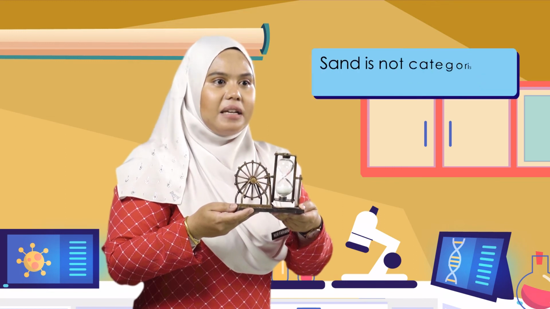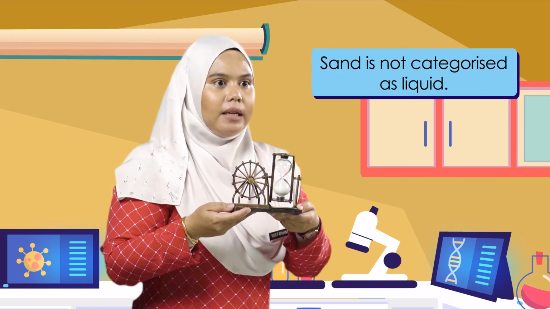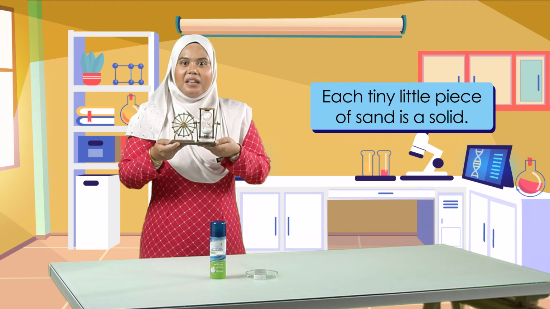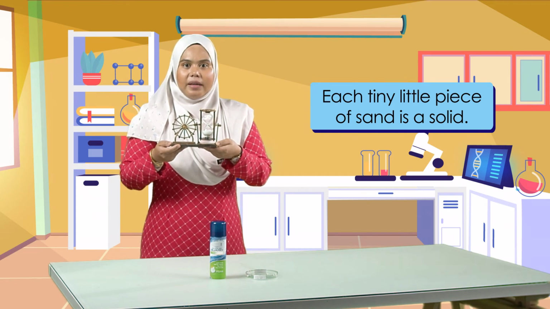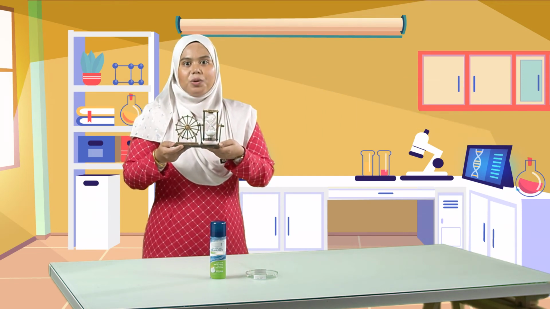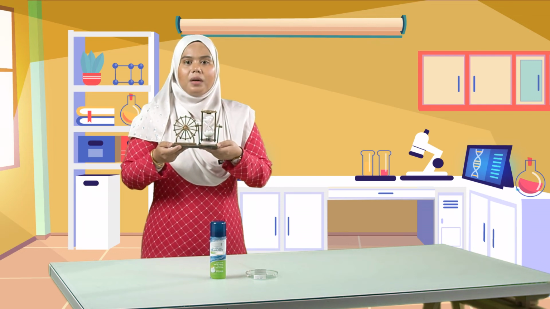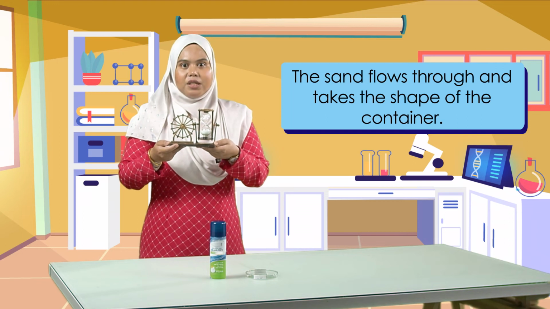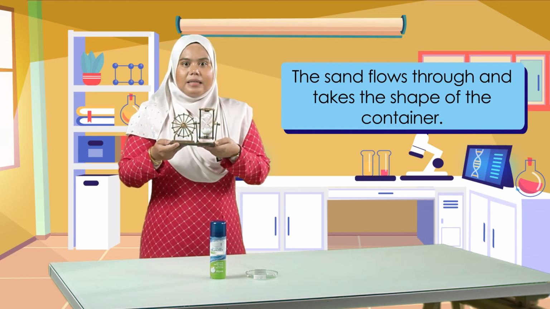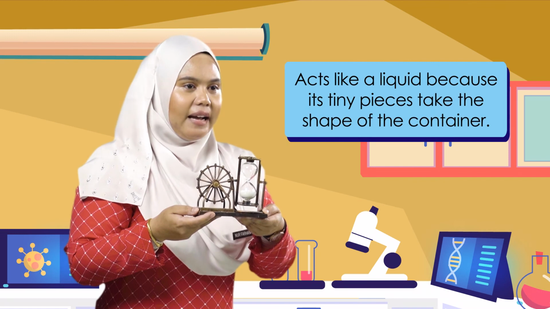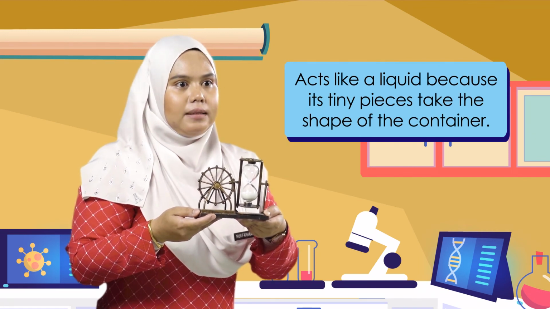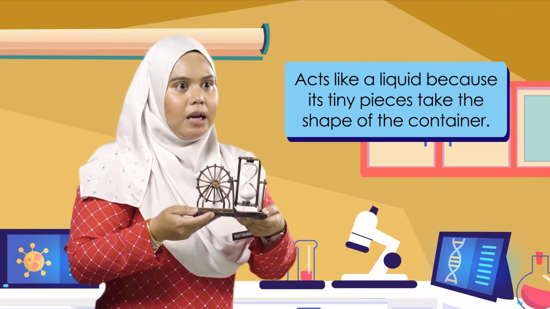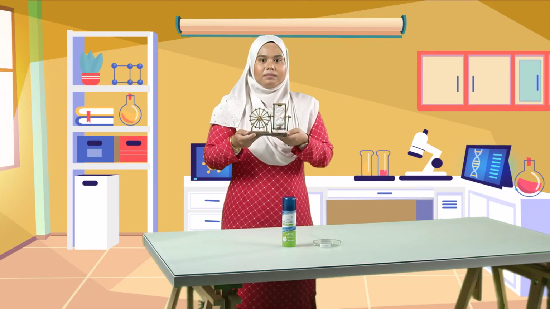Good. Even though sand seems to take the shape of the glass, sand is not categorized as liquid. Each tiny little piece of sand is a solid, but the pieces are so small that when you turn the hourglass upside down, the sand flows through and takes the shape of the container. Sand is a solid but acts like a liquid because its tiny pieces take the shape of the container.